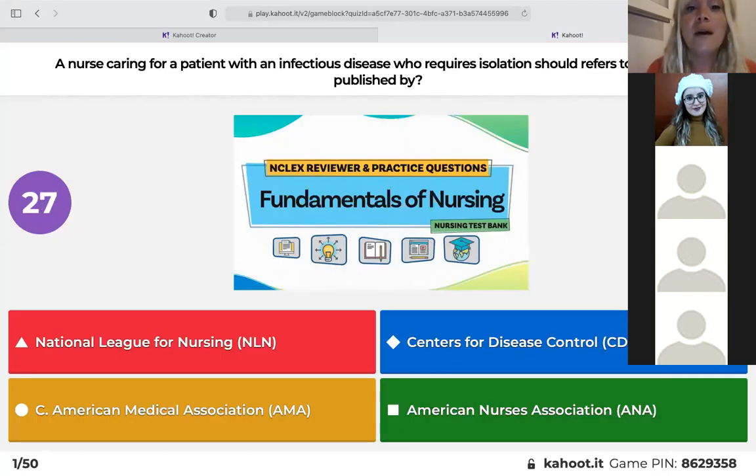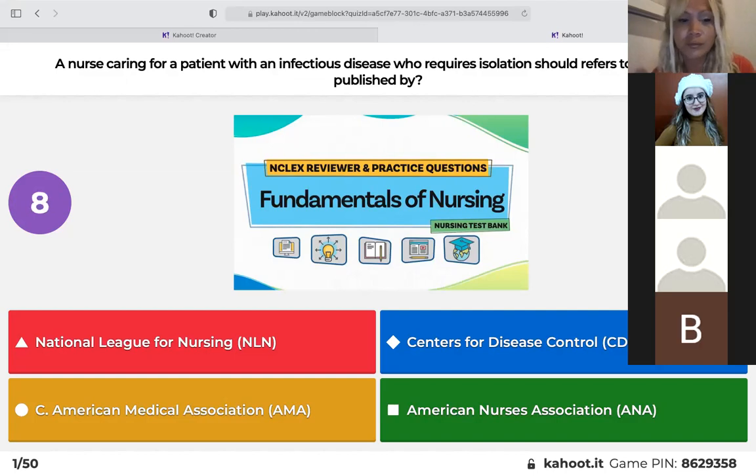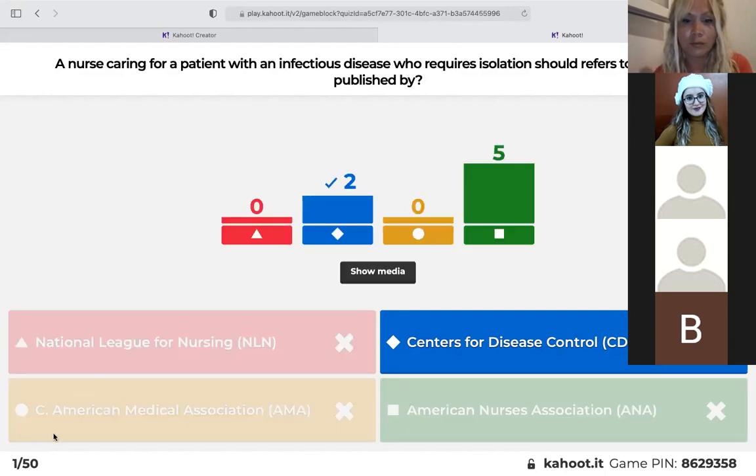First question, about fundamentals of nursing. A nurse caring for a patient with an infectious disease who requires isolation should refer to guidelines published by? CDC.